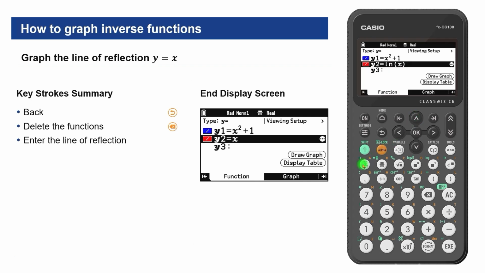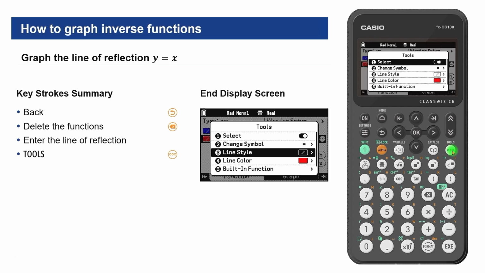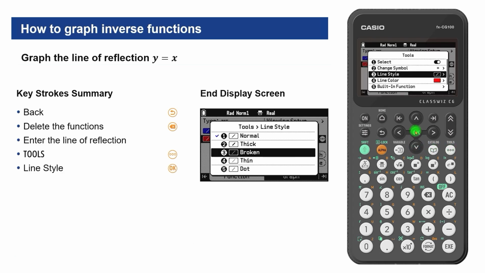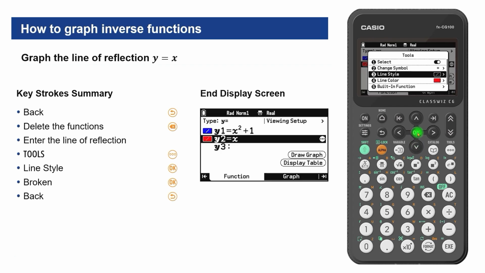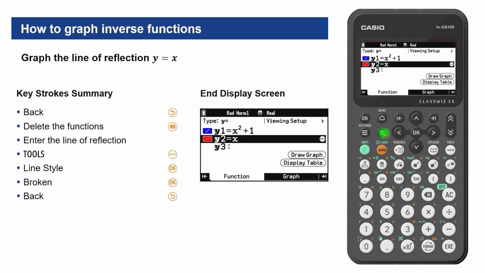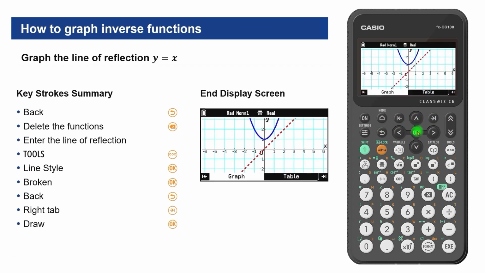Then enter y equals x. To change the style, highlight and press Tools. Then select Line Style and Broken. Press back and notice the Style box now shows a broken line. Right tab and Draw to show the broken line of reflection.